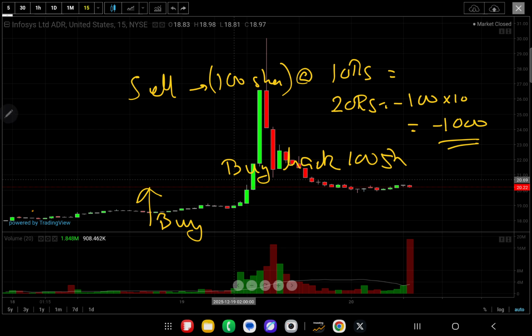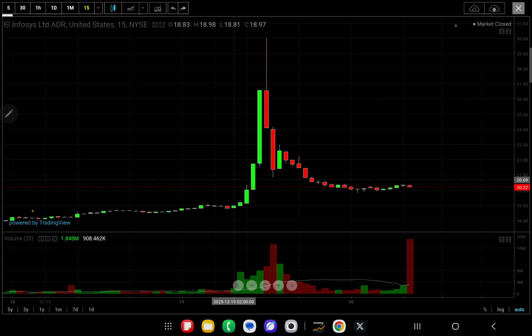So this is what happened over there. A massive 50 million USD position was there, which he had to cover, and because of it, this sharp spike happened in the stock.